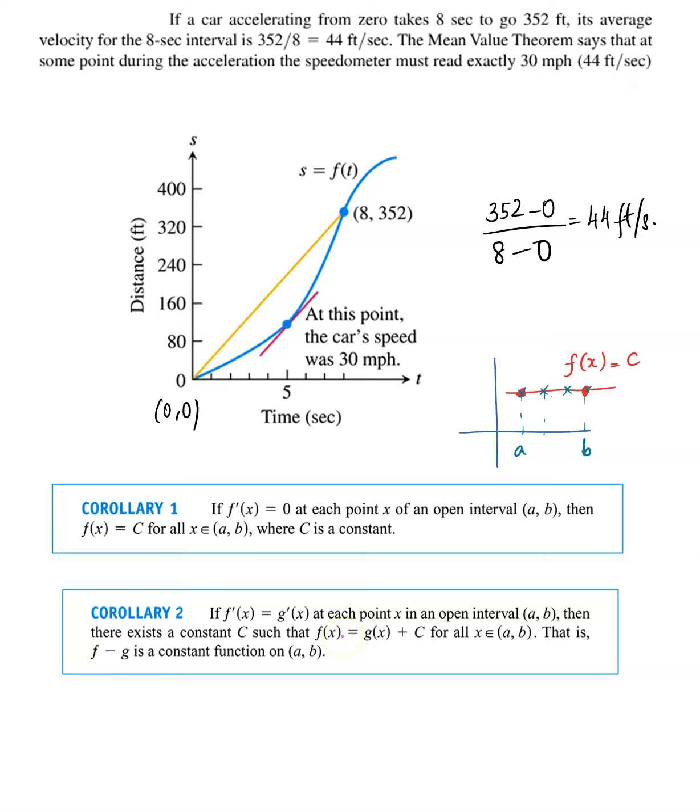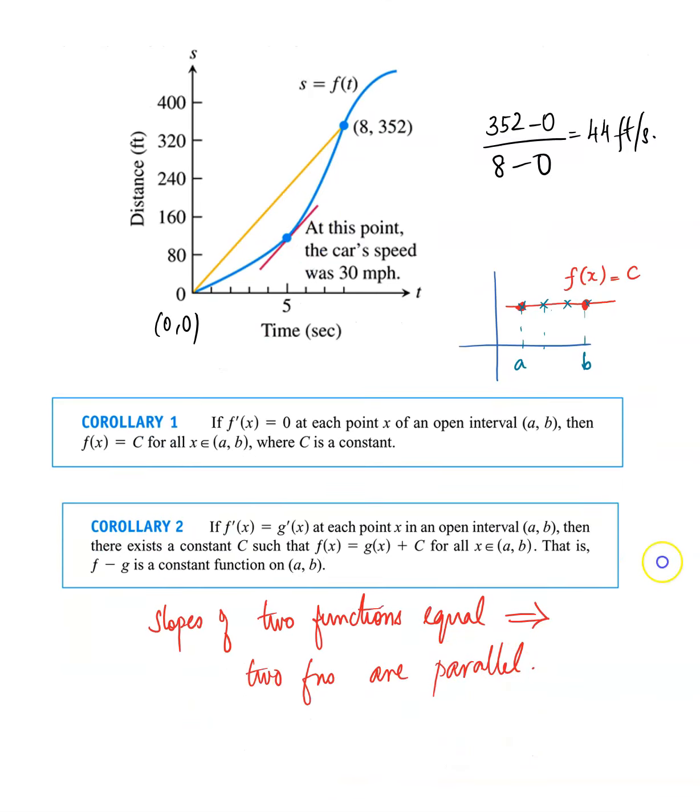In other words, those two functions must be parallel. So slopes of two functions equal implies the two functions are parallel. How do we know two lines are parallel?